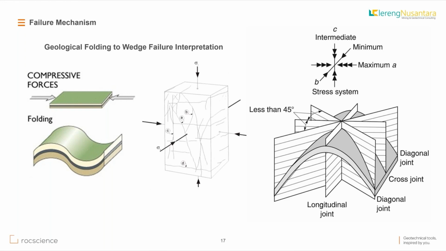So in the initial investigation, we might not find any kind of discontinuity data, but after we excavate and blast the slope, joints might occur because the stress finally has this kind of stress relaxation. Next.